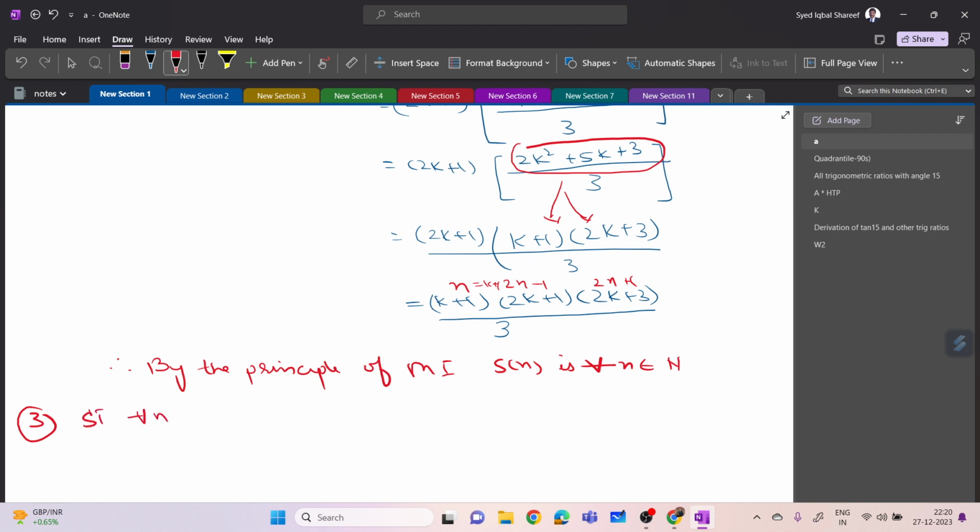Show that for all values of n belonging to natural numbers, 1 by 1 into 4 plus 1 by 4 into 7 plus 1 by 7 into 10, and so on up to n terms, equals n by 3n plus 1.